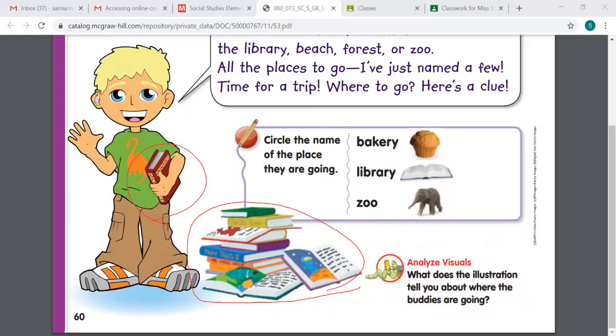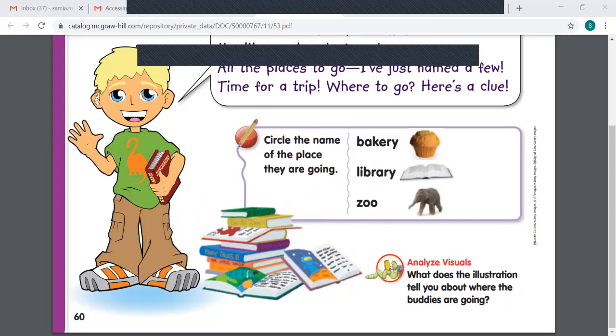Books. So the illustration helped us to know where the buddies were going on their field trip. So you're going to circle the name of the place that they are going. And we said that was the library.